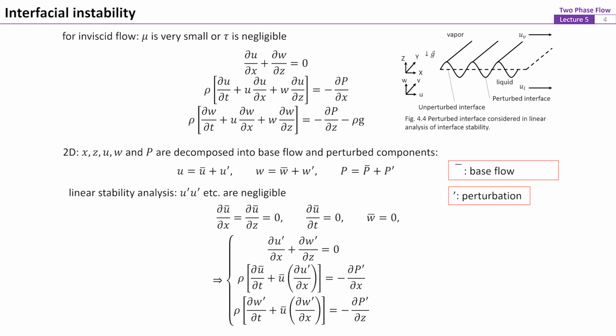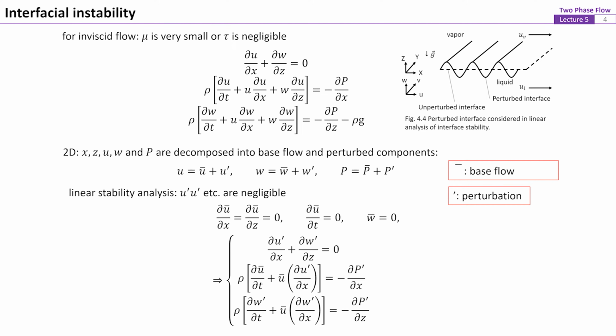Initially, the interface between the two phases is assumed to be a flat horizontal plane. uv is the free stream velocity of the vapor phase, and ul is the liquid velocity correspondingly in the horizontal direction. The goal here is to determine the range of conditions for which the interface is stable with respect to an arbitrary perturbation of the interface.